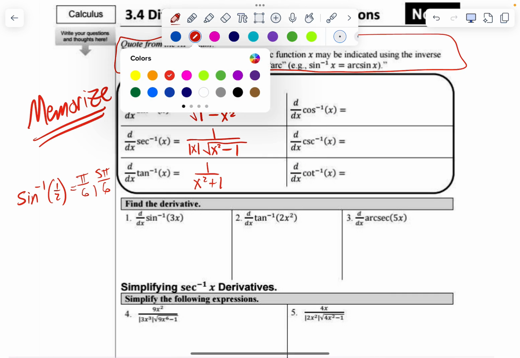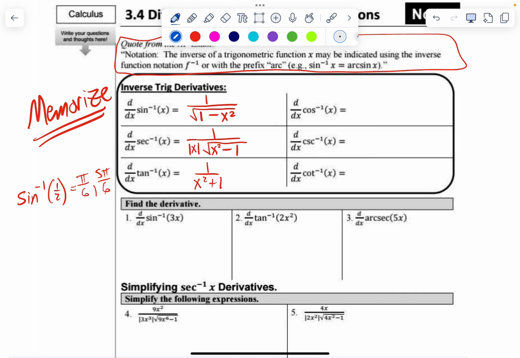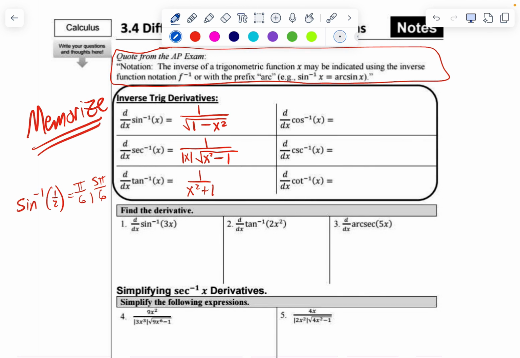All right, here's the good news. Do you remember the rule if it has a c in it? Remember when we did derivatives of trig functions? What was the rule when we had a c? It's negative. Yeah, so just make that note. If it has a c, it is negative.